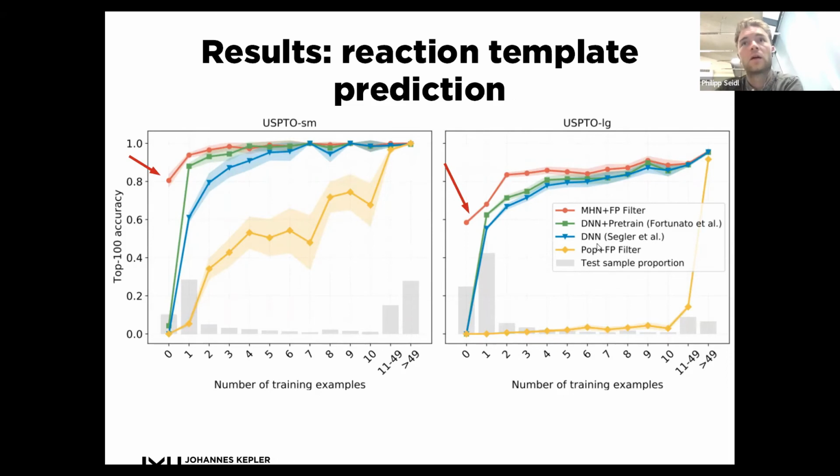So if the product side fingerprint does not match the fingerprint of the input product, we can safely say that it is not applicable because the substructure is not in there. And through this very cheap filter and popularity, you are also very good in this setting where you have more than 49 samples. But of course, in this few shot setting, you're very poor. But this is a very straightforward baseline that actually performs reasonably in this setting where you have a lot of templates.